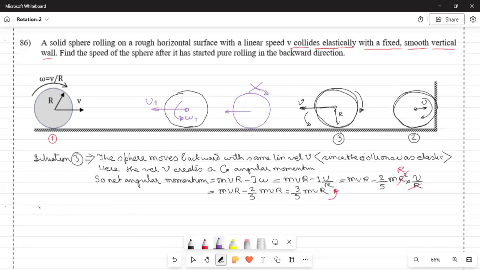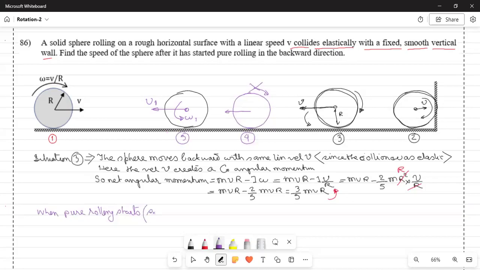So we write, when pure rolling starts, say this is position 4, when just the two angular momentums cancel each other, say this is position 5, when pure rolling starts once again.